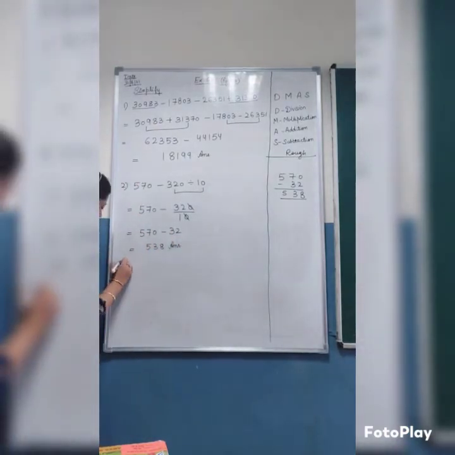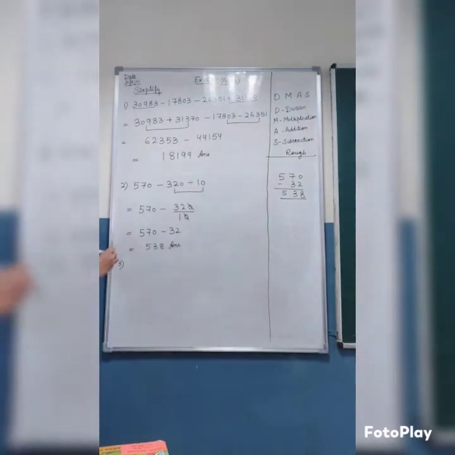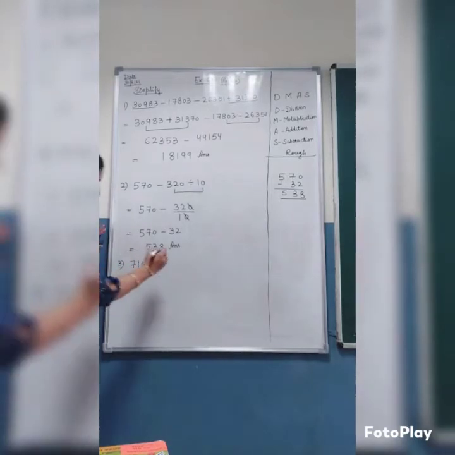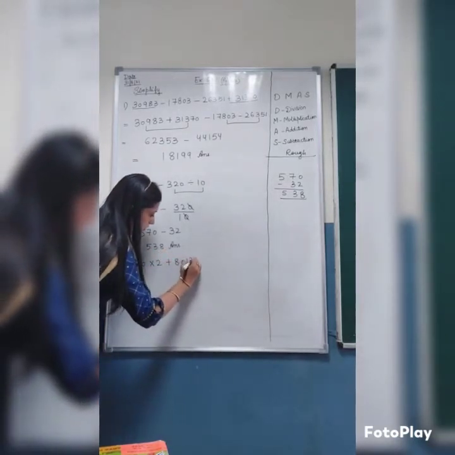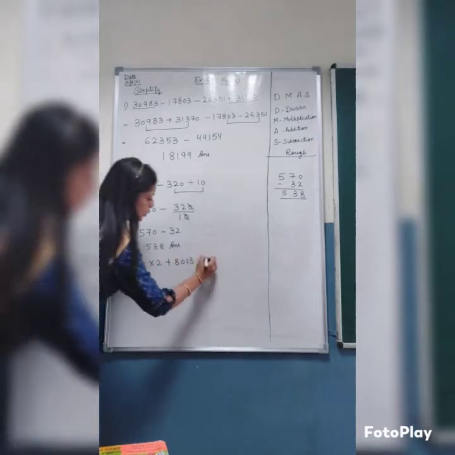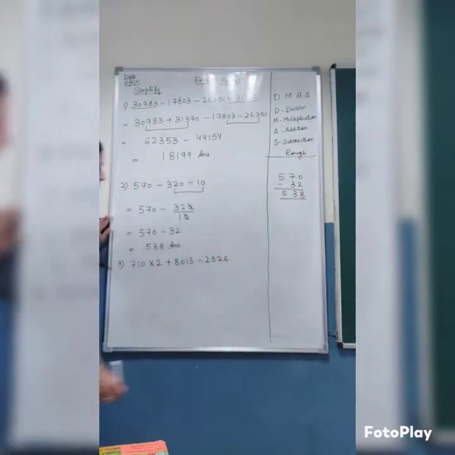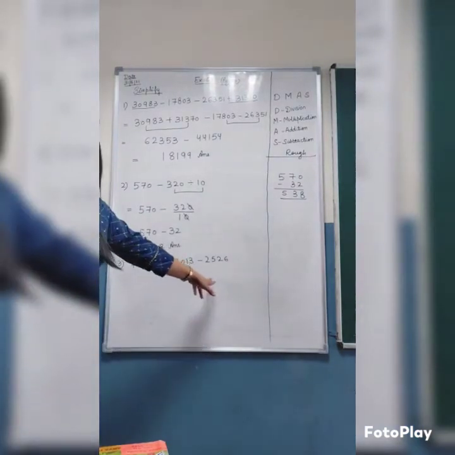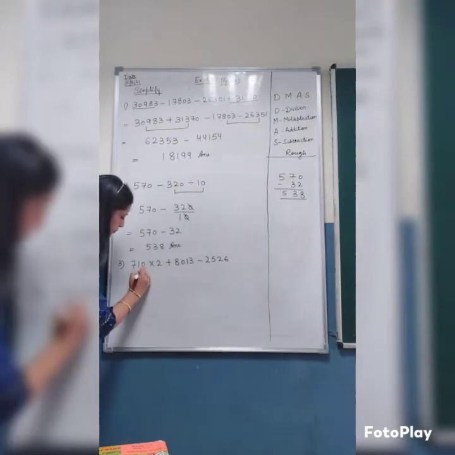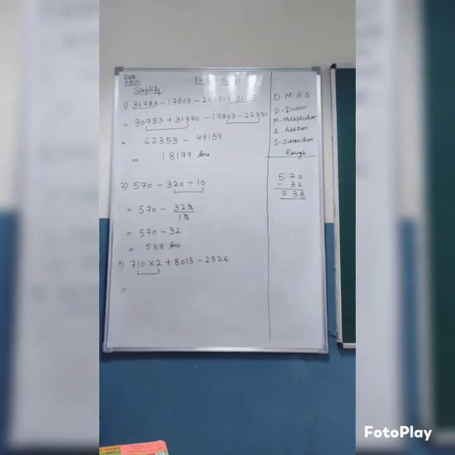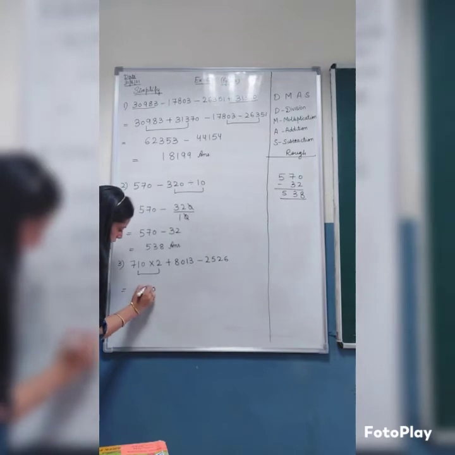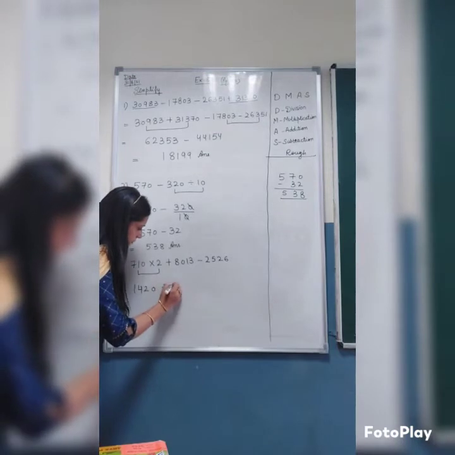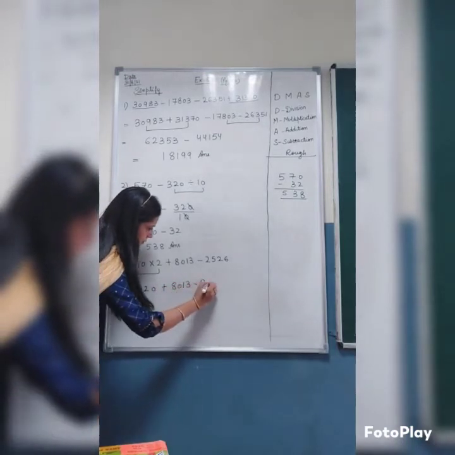Now the third part is 710 multiplied by 2, then add 8,013, then subtract 2,526. So first we have to multiply: 710 multiplied by 2 is 1420. Then add, then subtract.